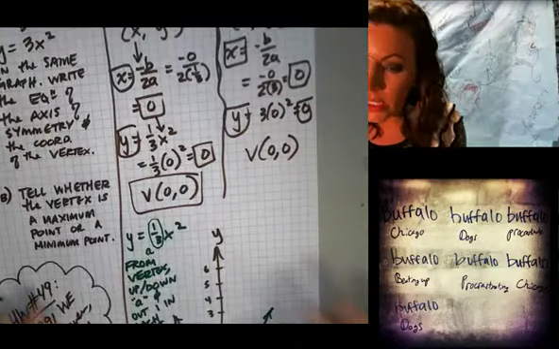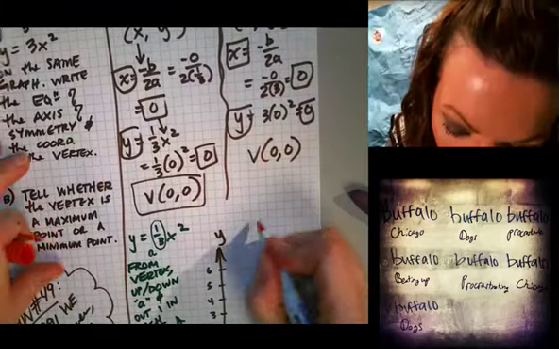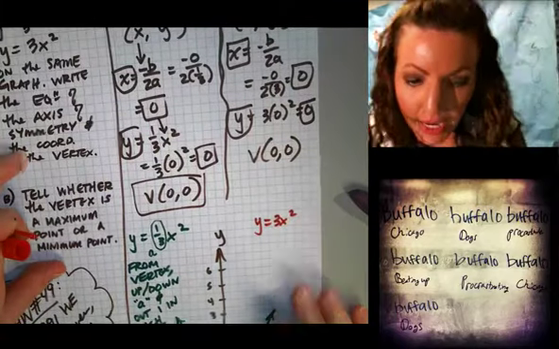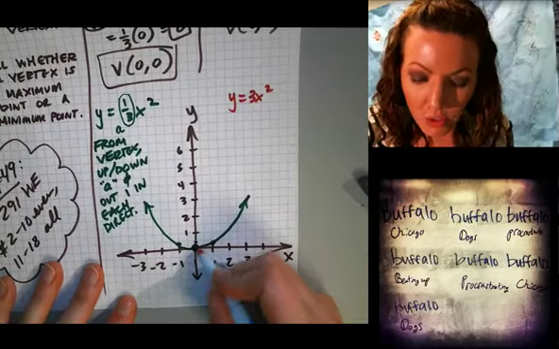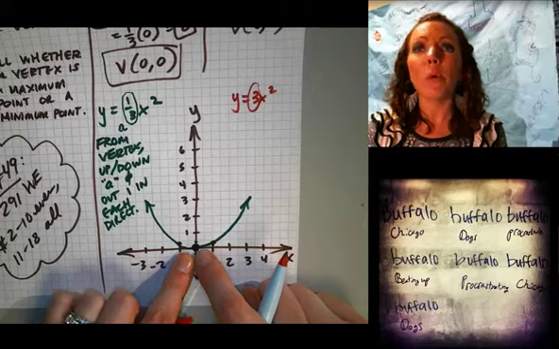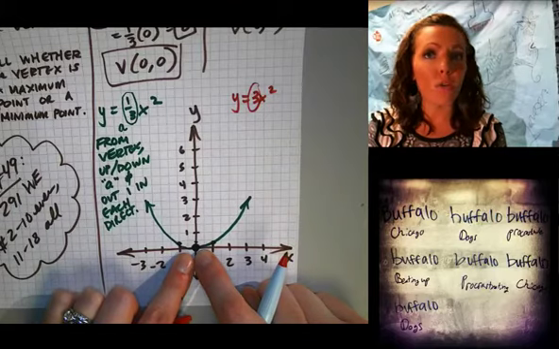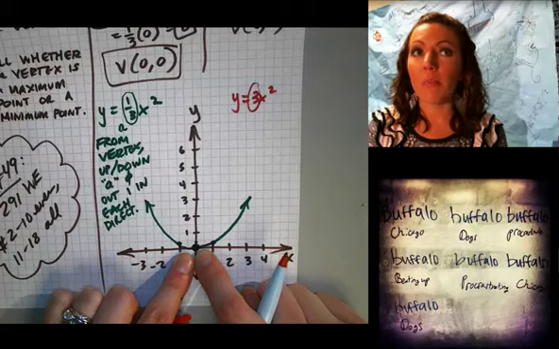So let's go down here and let's do it in a different color so that we don't get confused. Let's do y equals 3x squared in red. So we start at 0, 0 again. So it has the same vertex, but now, since our a is 3, how many are we going and in what direction from the vertex? 3 up or down?